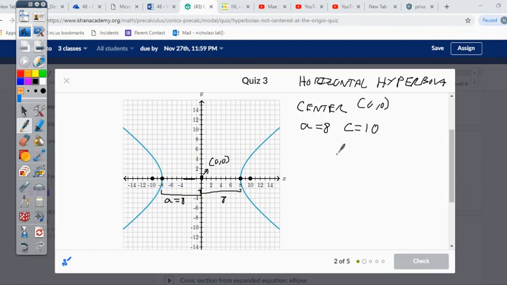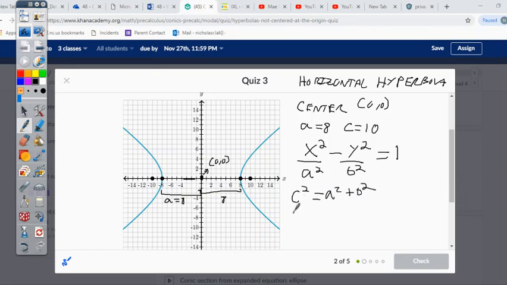And so now we know a couple of things. For center at 0, 0, our equation is going to be x squared minus y squared equal to 1, and for denominators, x squared over a squared minus y squared over b squared. Now a is equal to 8, c is equal to 10, and we know that c squared is equal to a squared plus b squared.